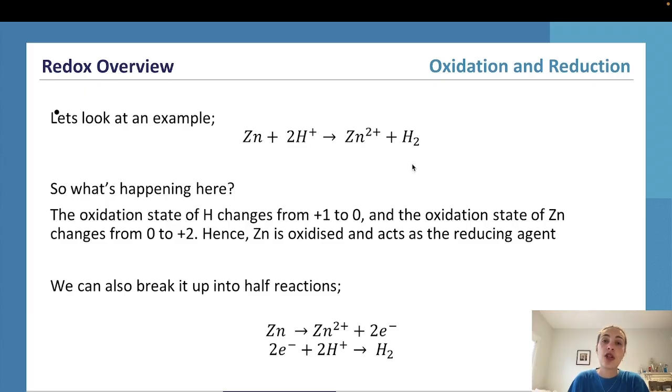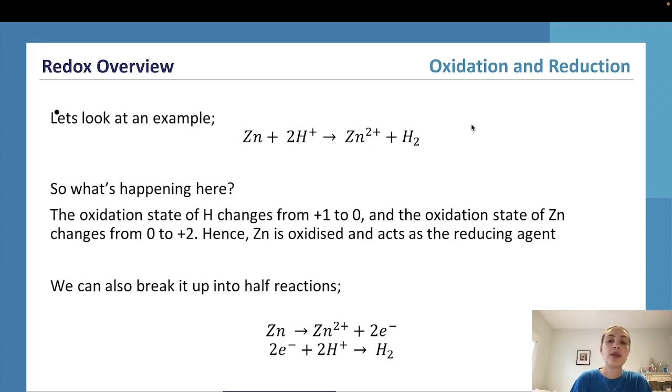So each hydrogen atom is going from +1 to 0, and that's going to be a gain of 1 electron, because we're remembering that our electrons are negative. And so that means that it's being reduced. Hence, hydrogen is going to be reduced, and it's going to act as the oxidizing agent.